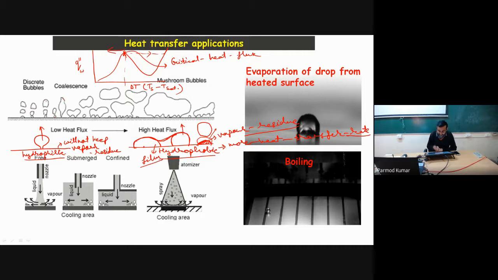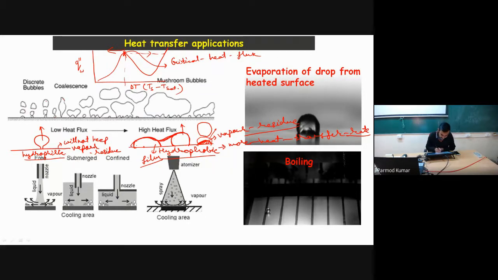Okay, so the characteristic of a hydrophobic surface is that it increases the rate of heat transfer because it keeps some vapor residue, which helps in faster generation of vapor. But the disadvantage is that because the spread of vapor volume is more, these vapors have more tendency to join with each other and form a film.